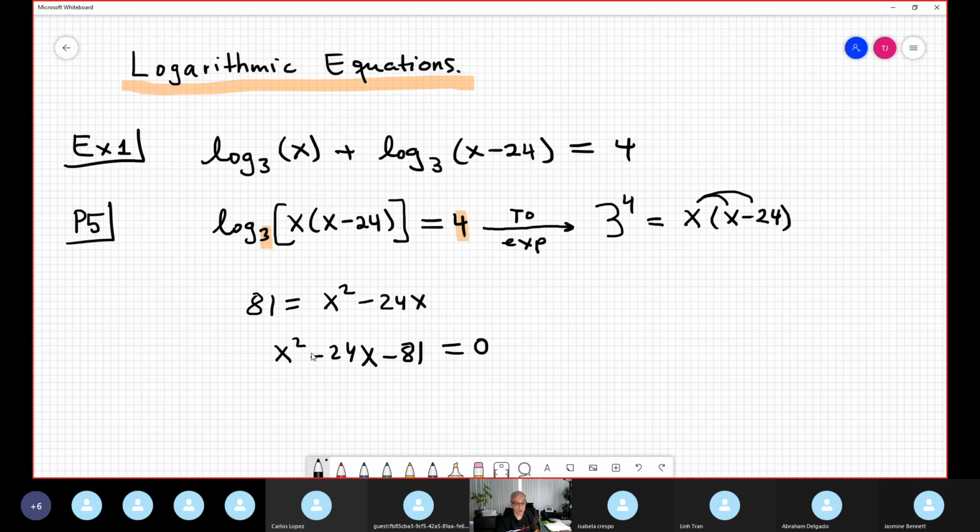I put it in standard form and it's ready to solve. I don't know if you see the combination for the factorization, and if you don't see it, no problem, because we are using the quadratic formula. But some students saw the combination: two numbers that multiplied give me 81, and somehow when adding or subtracting give me 24. Do you see the combination or not? Some students saw the combination.